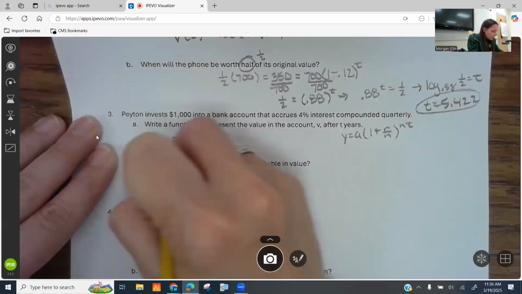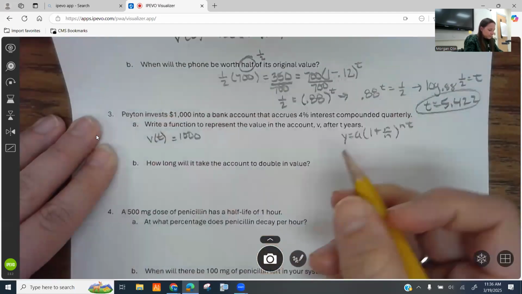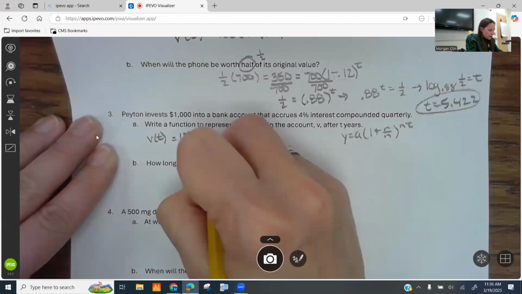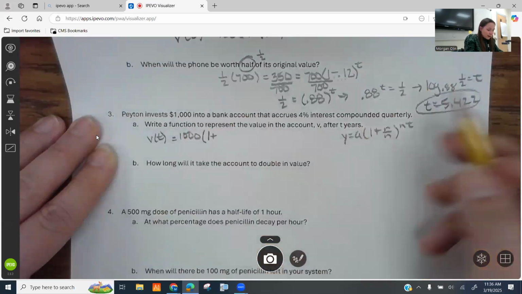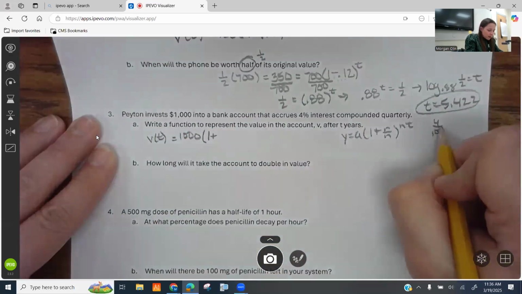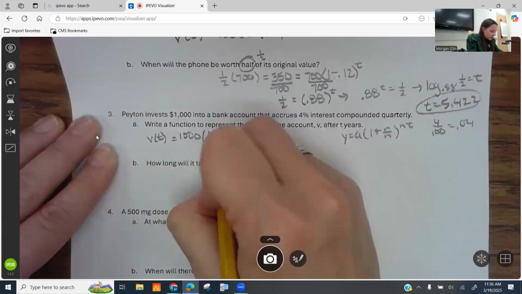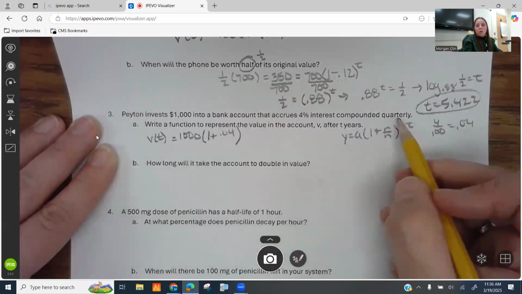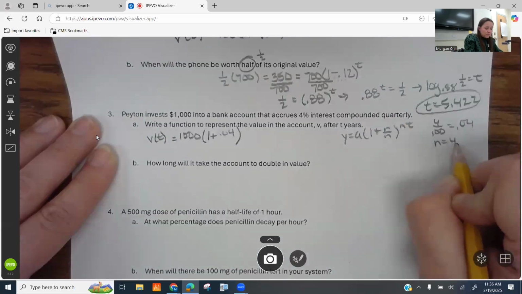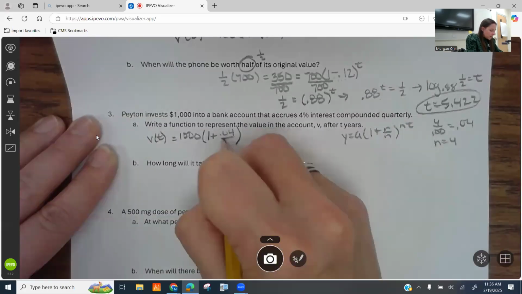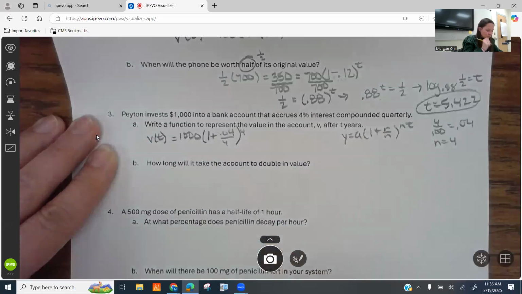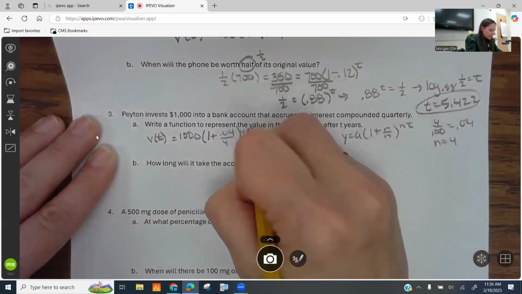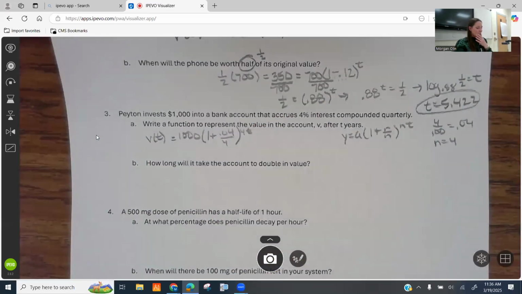Now, it's the account V of t. 1 plus, now our rate is 4%, so 4 divided by 100 is 0.04. Okay, here quarterly. Well, quarterly means n equals 4. So I'm going to plug in divided by 4 right here. That's a 4 right there. And I'm going to plug in t. All right, so here we go.